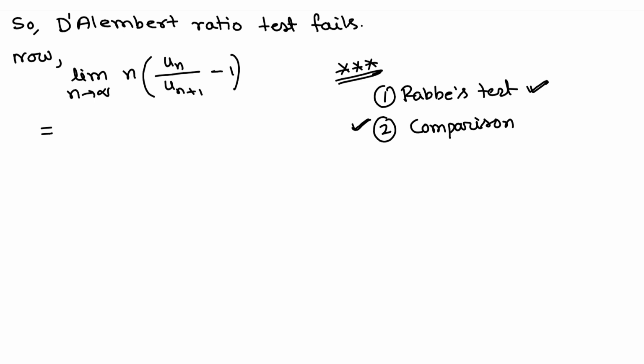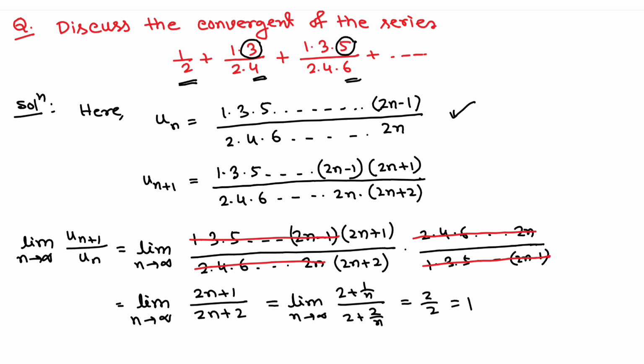I am repeating: if D'Alembert ratio test fails, you can use both Raabe's test and comparison test. But which one will be easier? If there is degree difference between numerator and denominator, use comparison test, and if there is no degree difference, then use Raabe's test. Clear? So obviously here in un there is no degree difference, so we have to use Raabe's test.